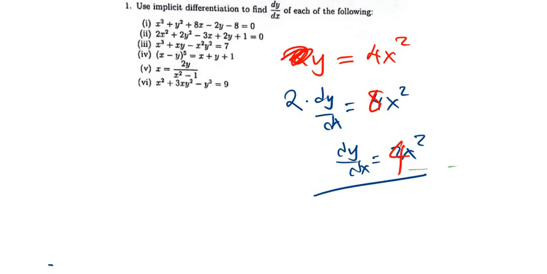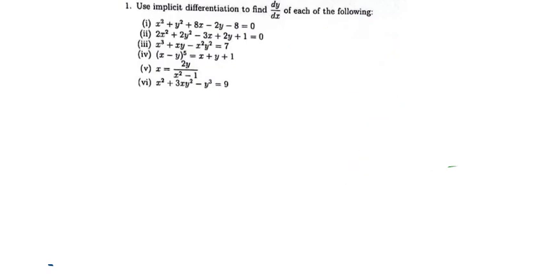So even when you decide to divide by 2 ahead of time, your dy/dx just becomes the same value again, right? Dividing by 2 would give you a 2, so it gives you a 4x if you differentiate it directly. So either way, all the ways are going to be okay.